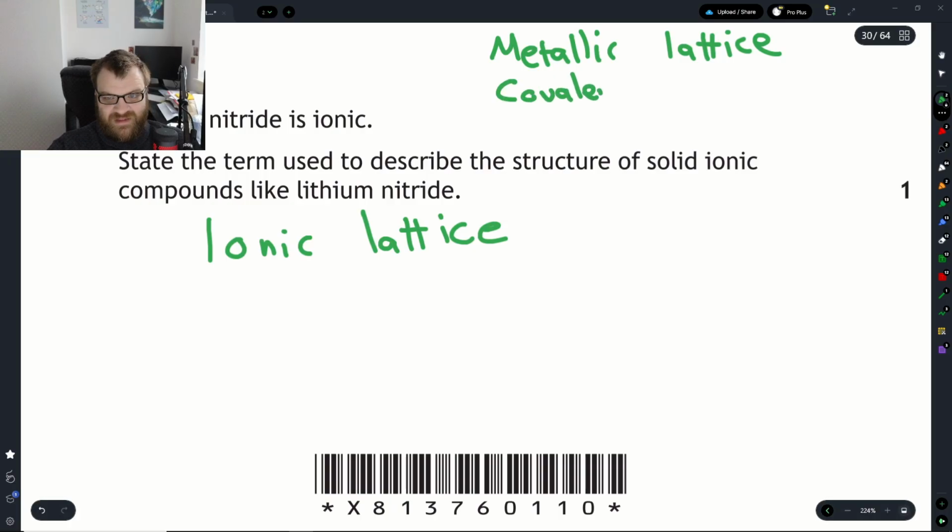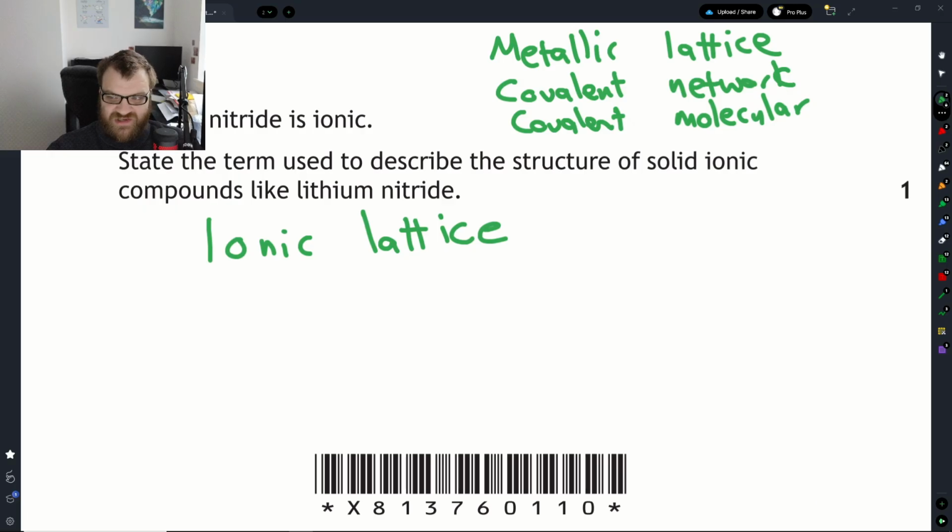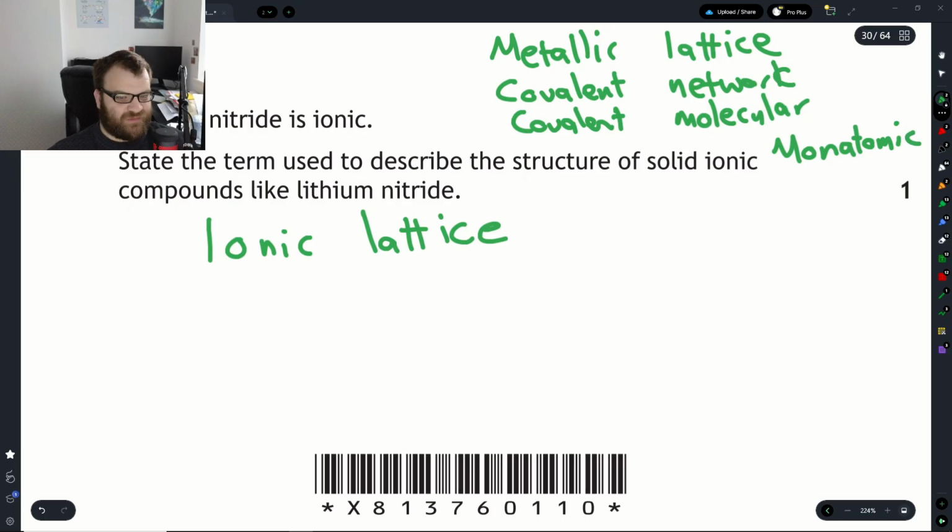We have covalent bonding, that is a network structure, and covalent bonding and we have molecular structure. For structures as well, kind of more of a lack of structure, there's monatomic, just one atom existing. Because it's ionic, it's paired with lattice.